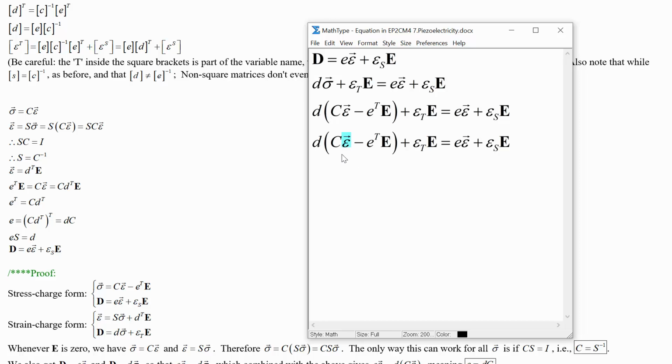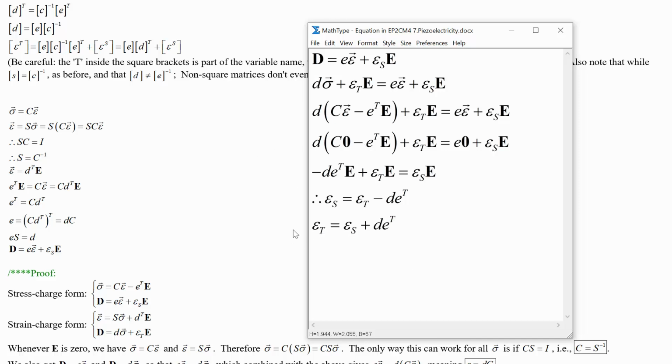So we have no strain on this thing, and that means we are going to get a 0 there and a 0 there, and we're going to be left with negative D E transpose times E plus epsilon T times E equals epsilon S times E. And therefore, epsilon S is equal to epsilon T minus D E transpose. Or epsilon T is equal to epsilon S plus D E transpose.